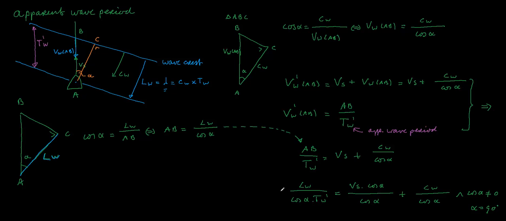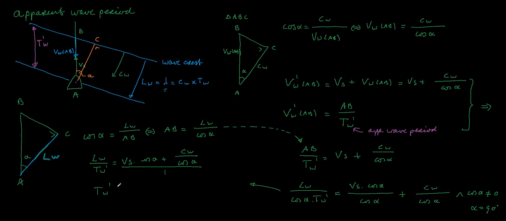Well, let's work this out. I go to the left over here. So you could say that the length of the wave divided by the apparent wave period is own ship speed times cosine alpha added to wave speed divided by cosine alpha. Yes, we're almost there. We have to do one more thing, and that's find out what the apparent wave period would be. So I do a trick over here.